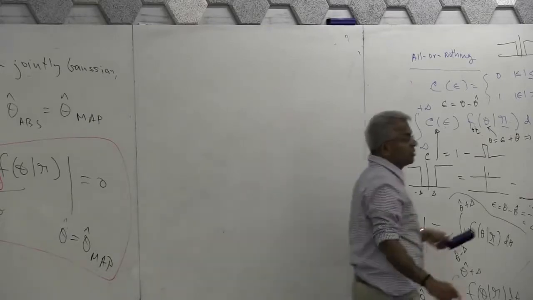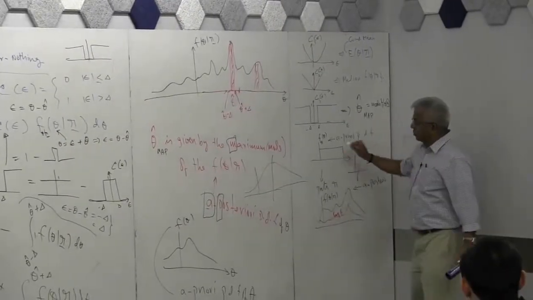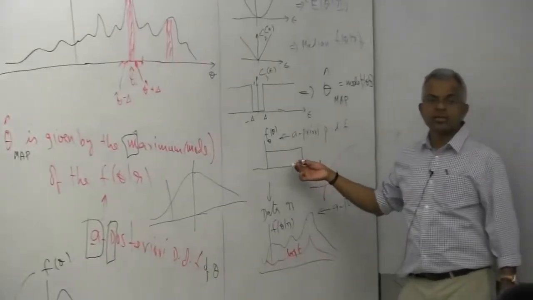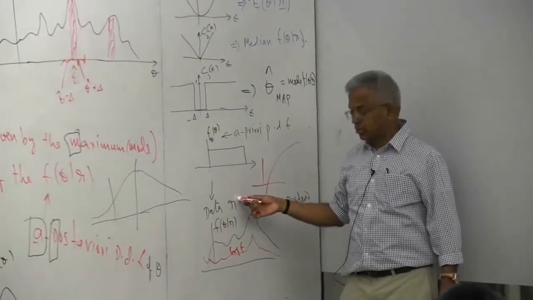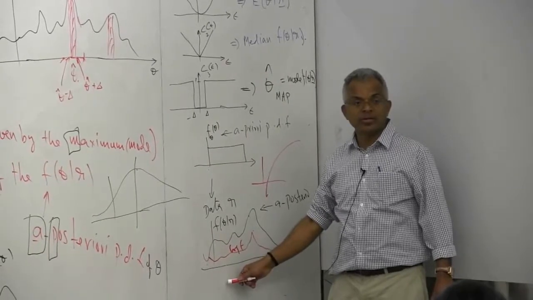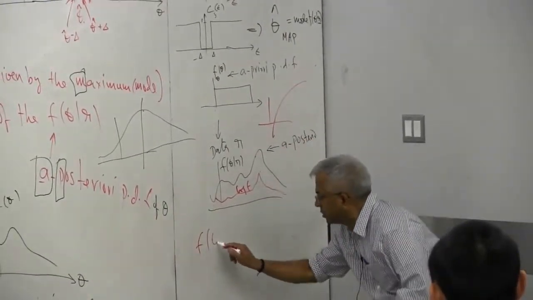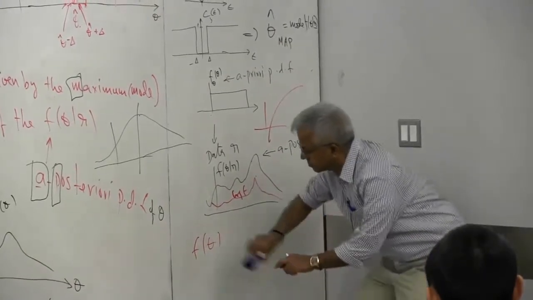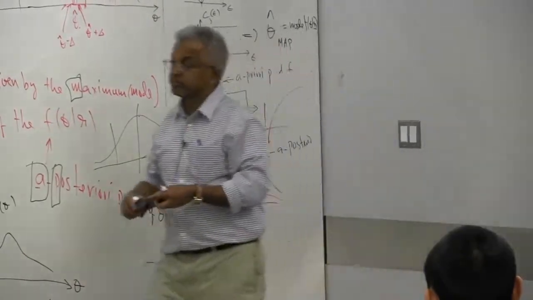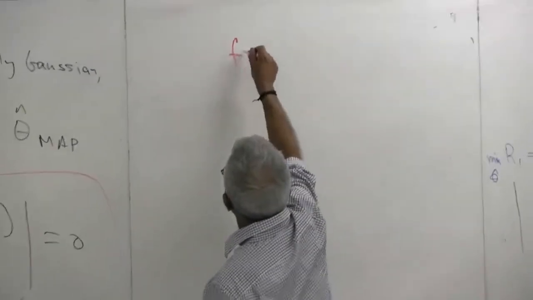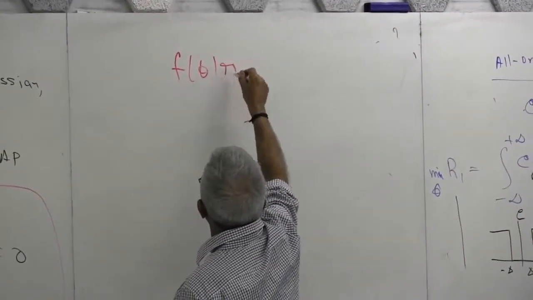Anyway, here is where the Bayes theorem comes in. Look at here, machine learning, right? You have initial ignorance, then data comes in, you want to update your ignorance and find this density function. So I'll write it there, okay? This is f of theta given r, this is what we need.